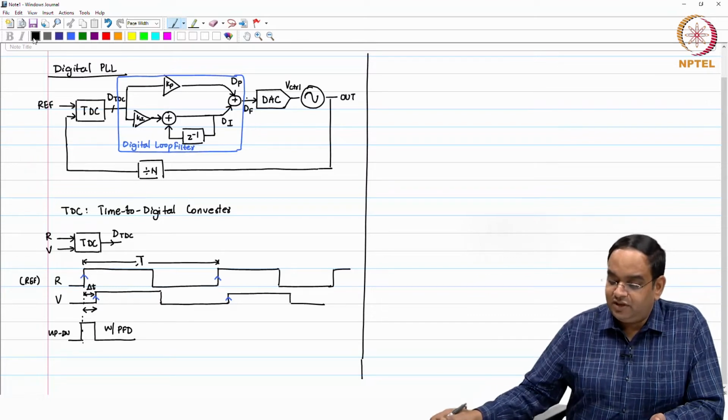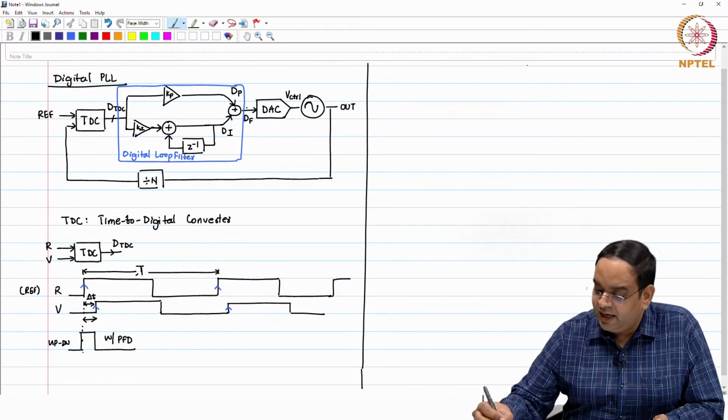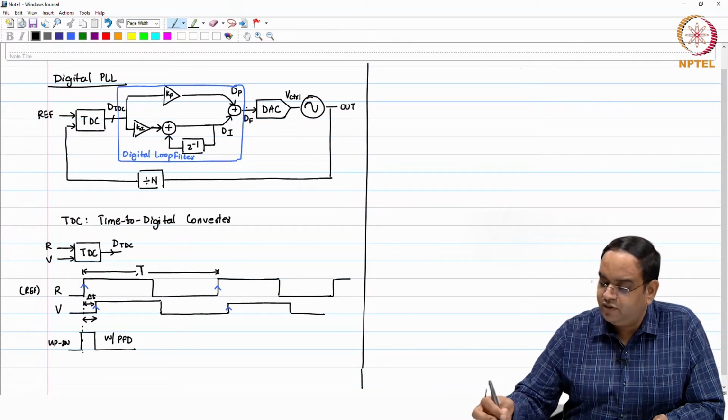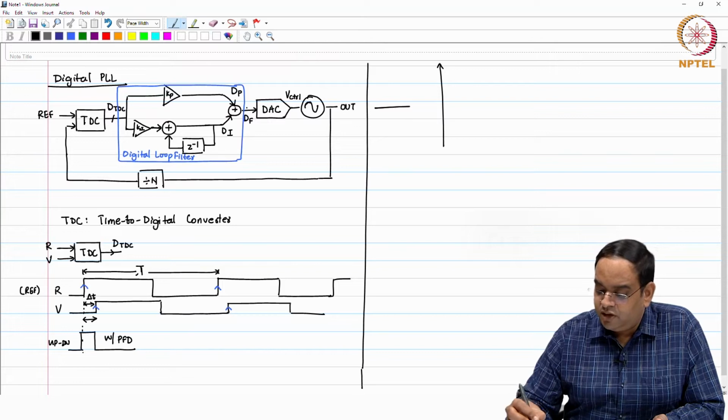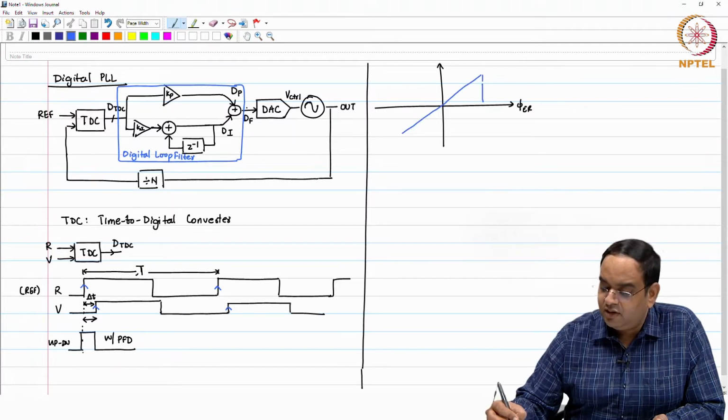The first thing I will tell here is that in the case of PFD, if you remember, you measured the phase error and it was like minus 2 pi to 2 pi, a linear transfer function.